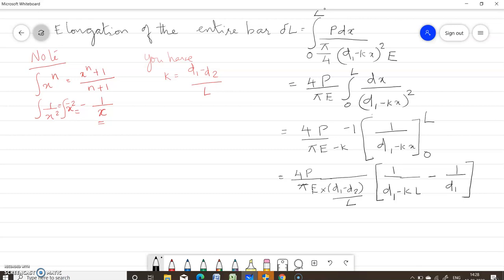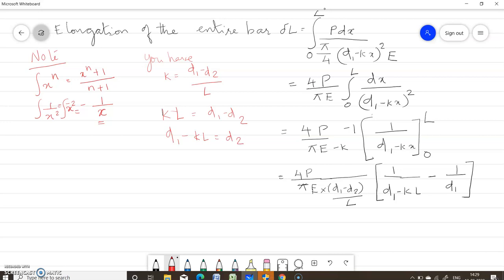Now from this you can write k into L is equal to d1 minus d2, or d1 minus k into L is equal to d2.